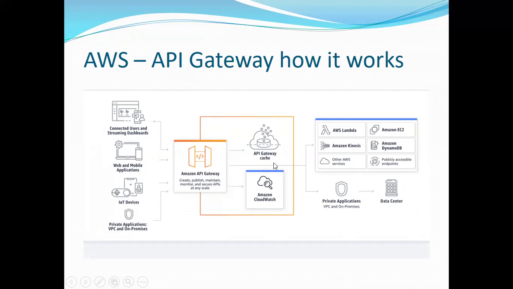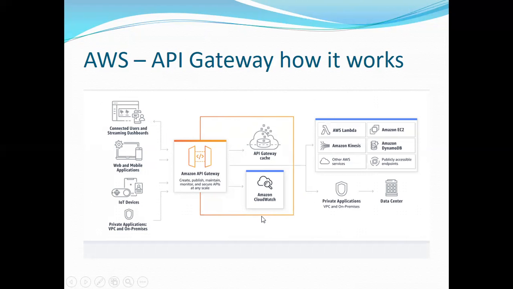Okay, so the cache can be configured, and CloudWatch is set up by default with API Gateway to some extent. And if you want, you can also customize CloudWatch more. Basically, CloudWatch is for monitoring. So you can monitor the API calls, who is calling, what the sources are, what time the call is taking place, and how much the load is, right?